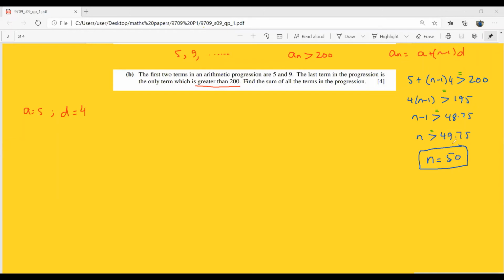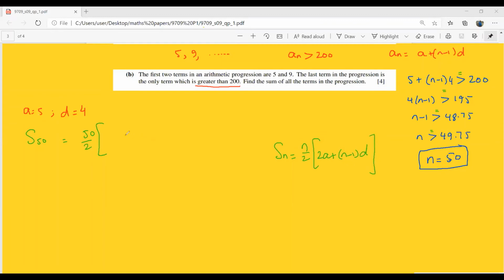Okay, so then it says find the sum of all the terms in this progression. So basically we have to find S50, which is going to be 50 over 2 into 2a. The sum formula I'm using is n over 2 into 2a plus n minus 1 into d.